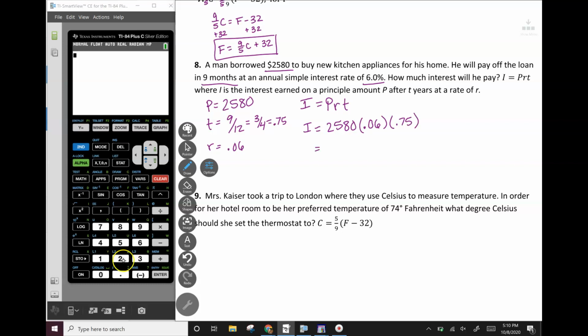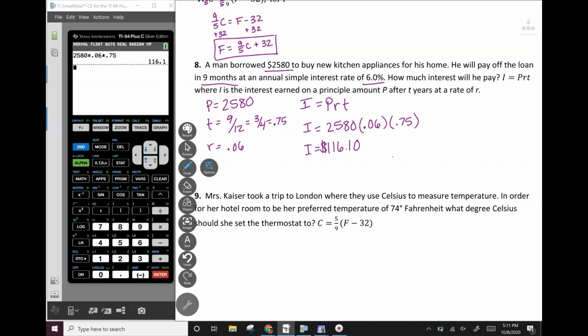Enter that into the calculator. I got 116.10, since this is money we're talking about, 2 decimal places. So the interest that he's going to pay is $116.10.